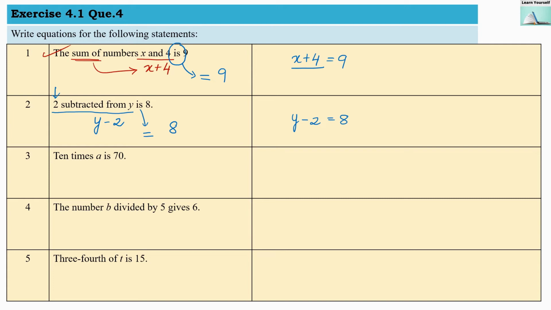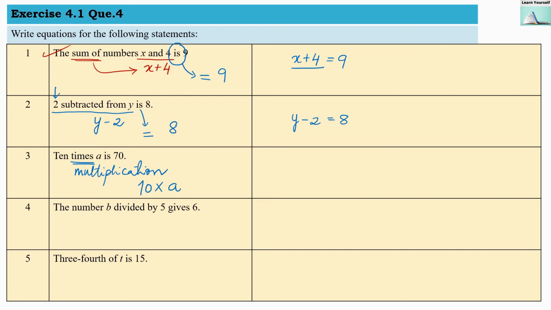Third, 10 times a. When times comes in the sentence, it means multiplication. 10 times means we have to multiply 10 with a.